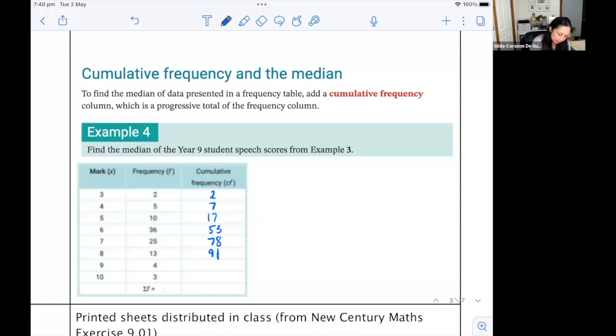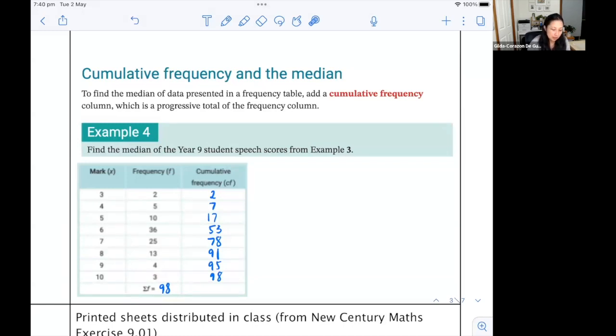And you've got 95, and plus 3, you get 98. Okay, if your number here does not match your number here, then you would have done your cumulative frequency wrong. Okay, so we don't have to check this now because then we got the right answer there, right?